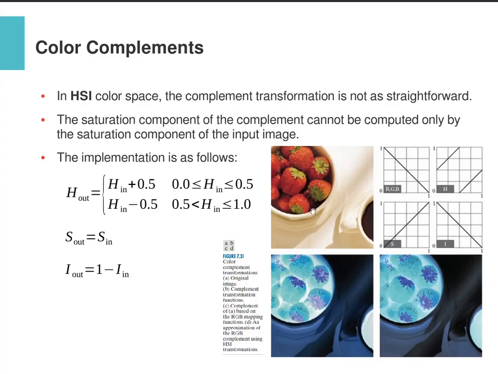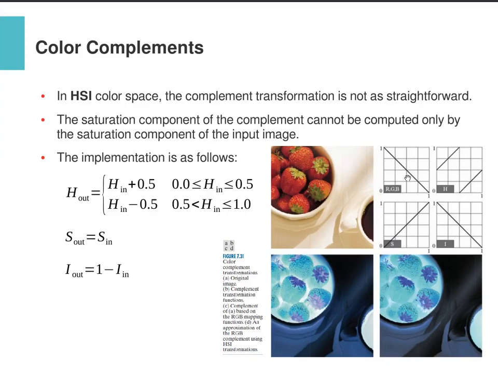So here you see the original image that we want to calculate the complement for. This image shows the set of transformations that you need to apply. If you are working with the RGB color model, this is the transformation that you need to apply to all of the channels.